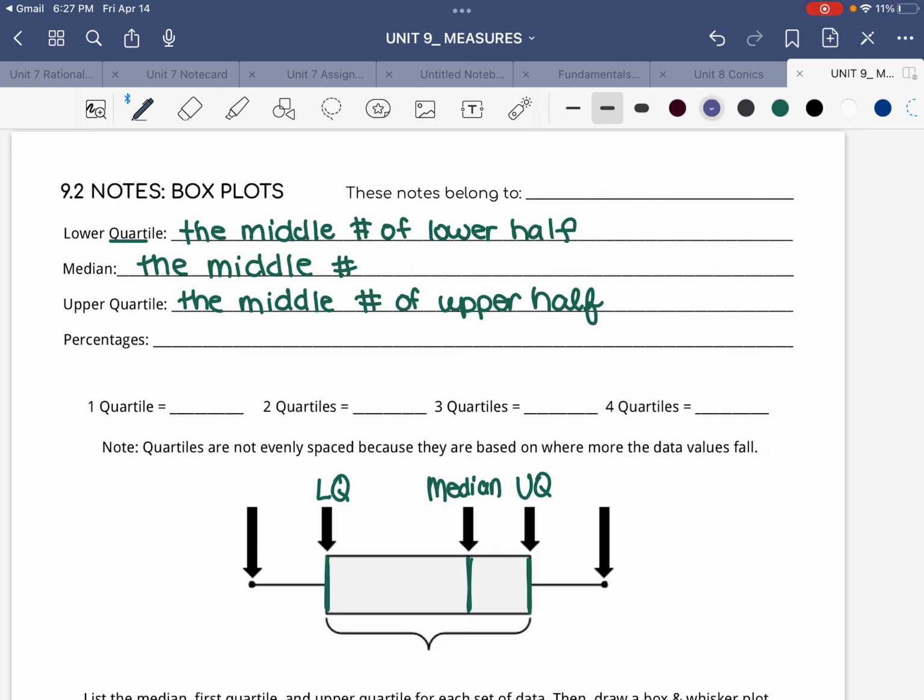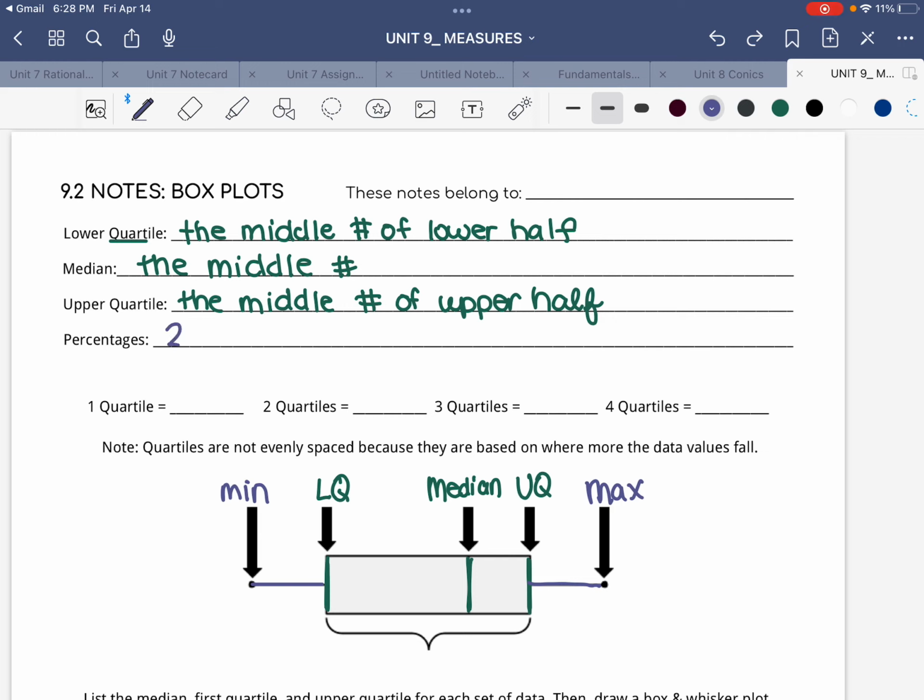In fact, since we are splitting this graph into 4 parts, the whisker over here that goes to the minimum, the whisker over here that goes to the maximum, and then each half of the box, those are each 4 parts.